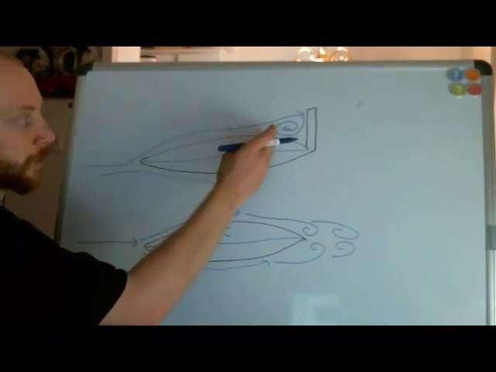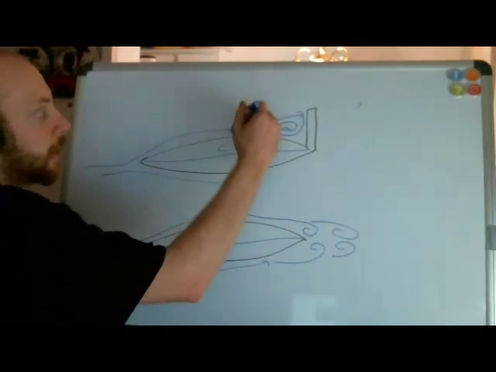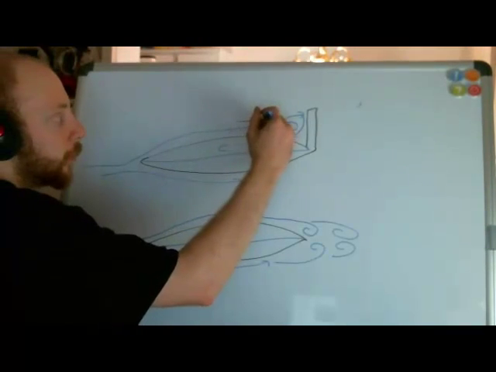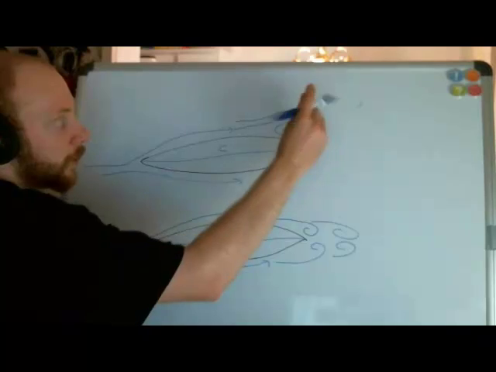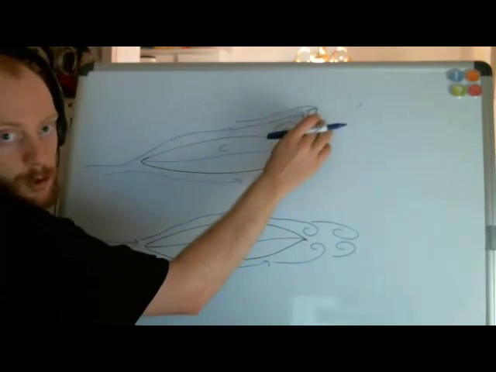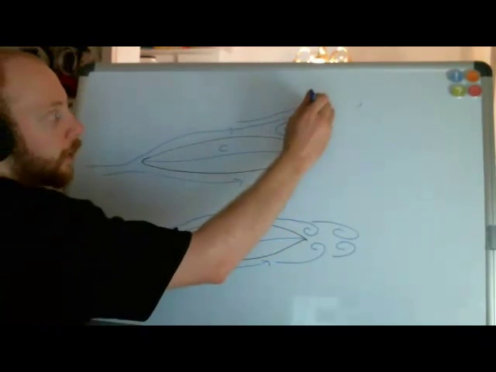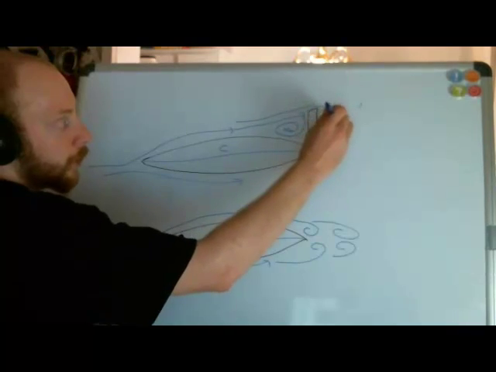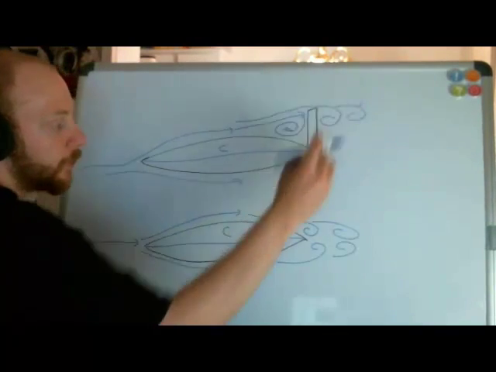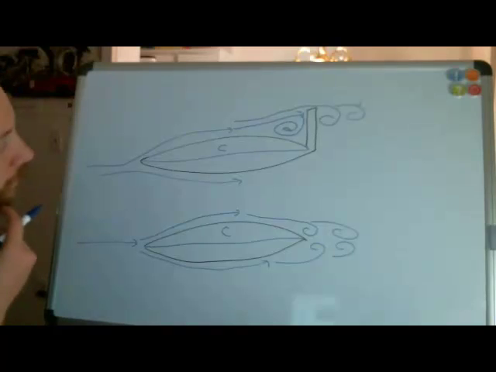The airflow on the top surface that doesn't hit the Gurney plate or Gurney flap is going to reach this point, and now it's going to find a sharp corner which it can't turn, so it's going to separate and form vortices just like it did here.